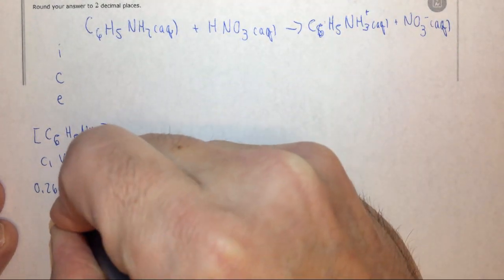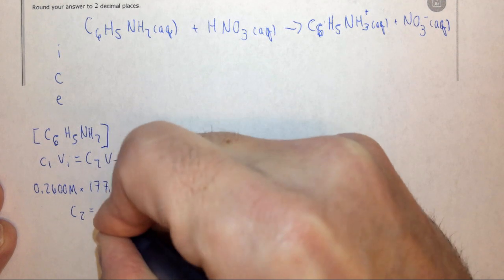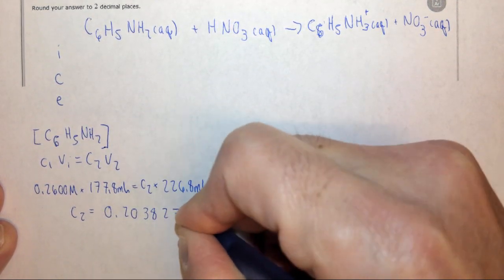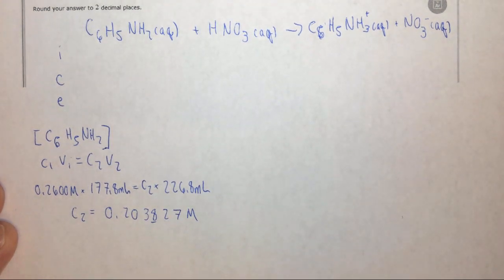When you do the math, you find that C2 equals 0.203827 molar, and that's the sig fig.